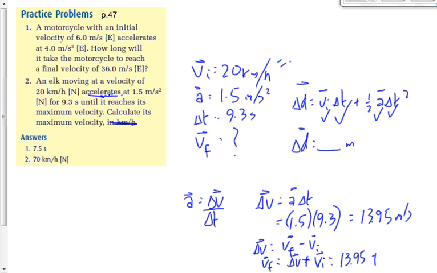Is it 5.55? So what does that work out to be? 19.45. We'll round that to 19 meters per second.